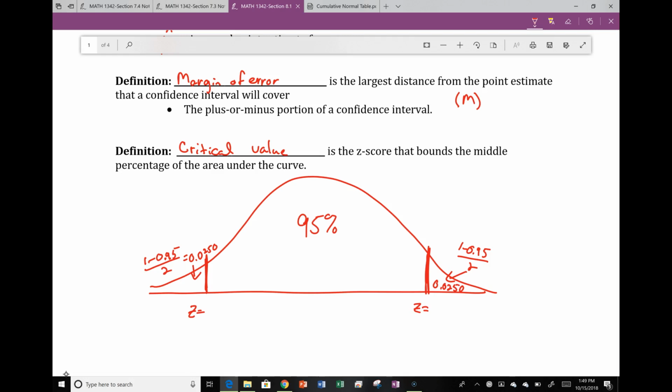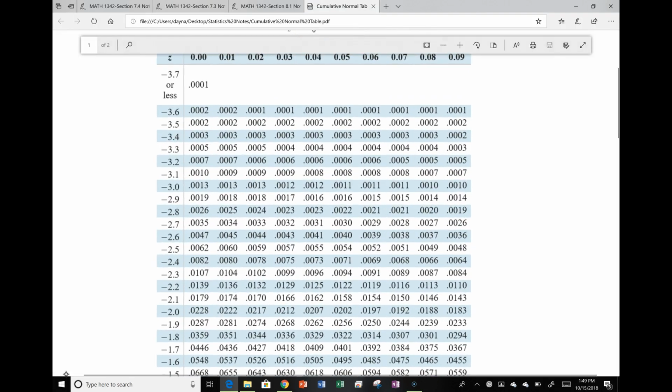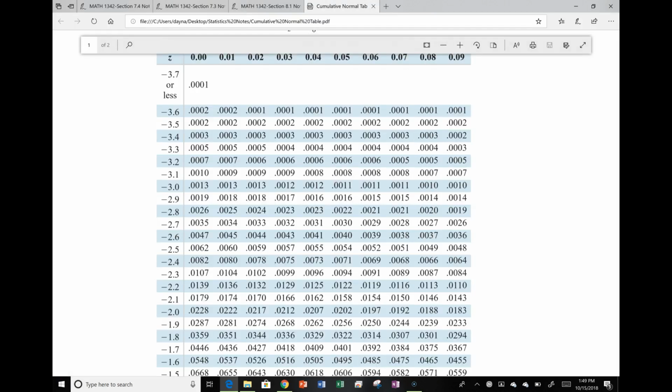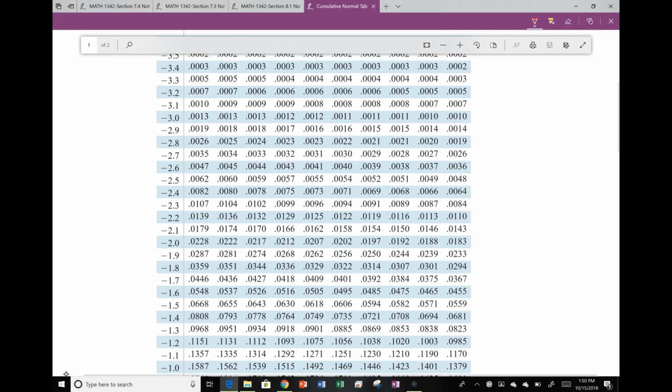So let's go back over to our cumulative normal table. And okay, here we are. Recall that this area right here is 0.0250. So that's our proportion, that's our percentage, our probability, which means it's going to be somewhere in this center part of the table here. So I'm going to go down and I'm going to look for 0.02.